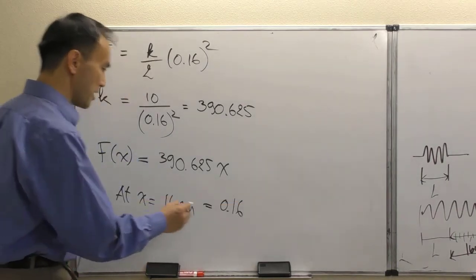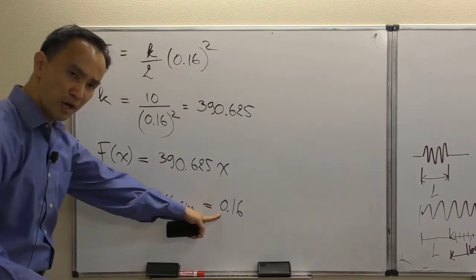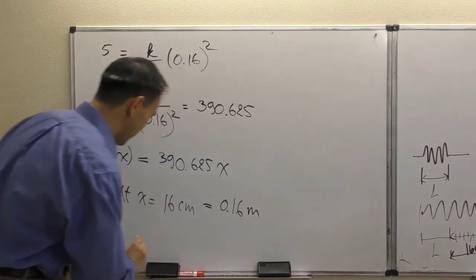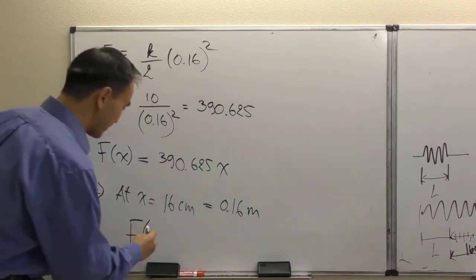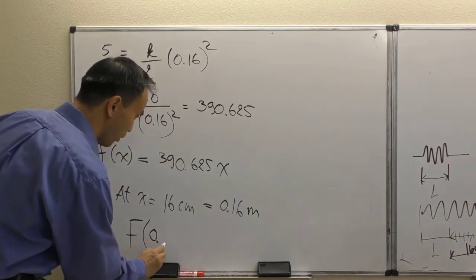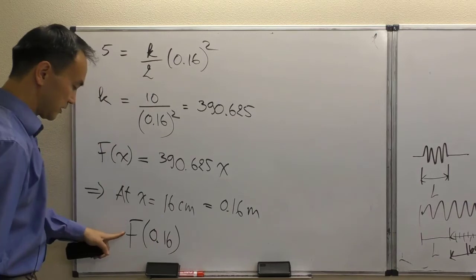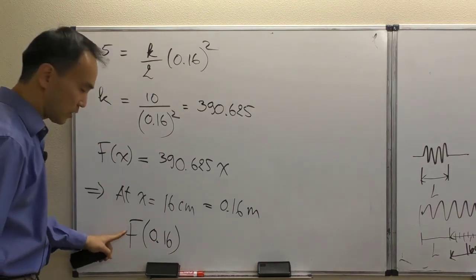So at x equals 0.16 meters, the amount of force that needs to pull it that far stretched is going to be capital F at 0.16. Okay, this is the force function according to Hooke's law right here.